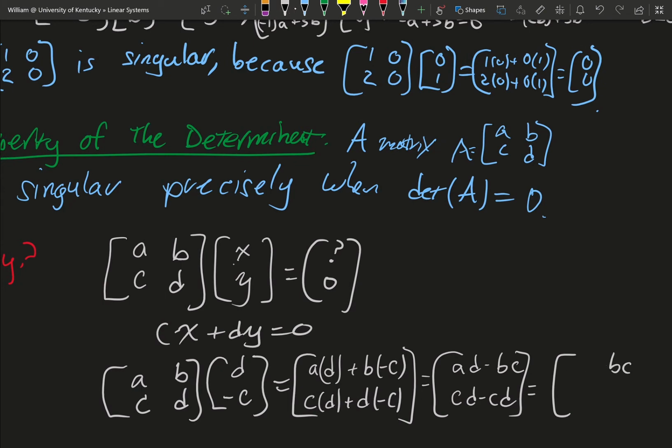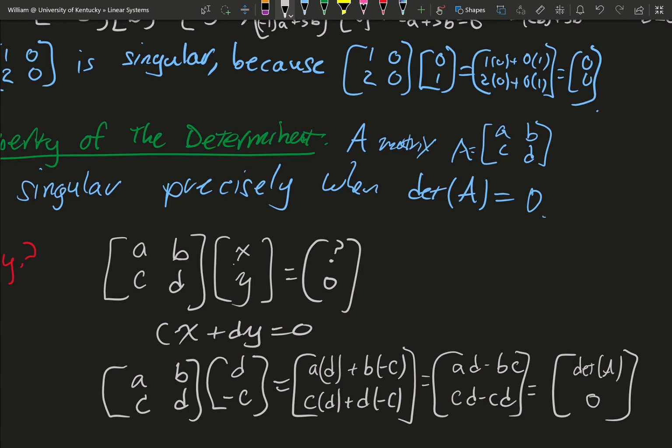So here I can see AD minus BC. Oh, that is just the determinant. And down here I get 0. So if my determinant is 0, well, I have found my vector that if I plug in, I'm going to get 0.